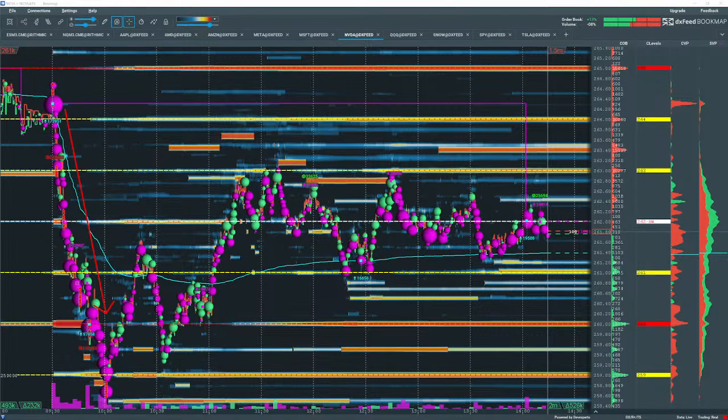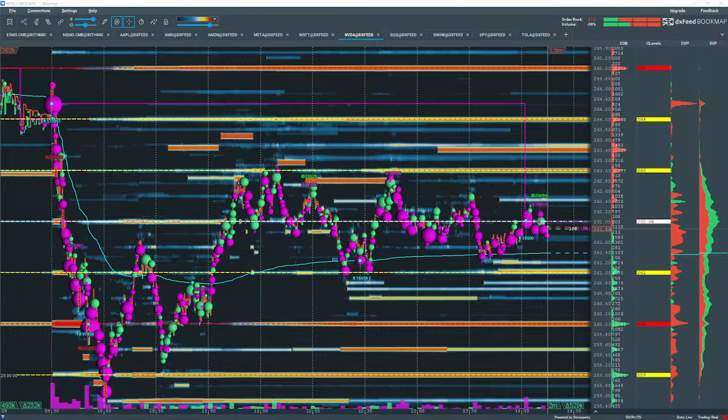Then a slight shift in order flow as price makes a lower high. Options traders are starting to buy. And a move up to the 262 hedge wall. And it looks like price is chopping around that level ever since then.